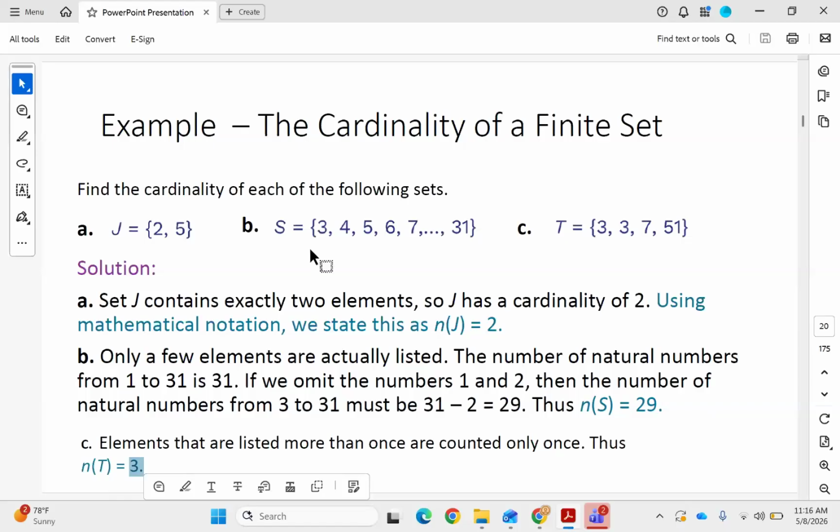So there are only 3 different ones. It doesn't matter if you repeat the 3 twice, it's the same object, so it counts as 1. So when we have sets, repetitions are usually eliminated, and this would be bad writing. You're not supposed to repeat an element. So we need to correct it and have only 3, 7, and 51 because the cardinality is 3.